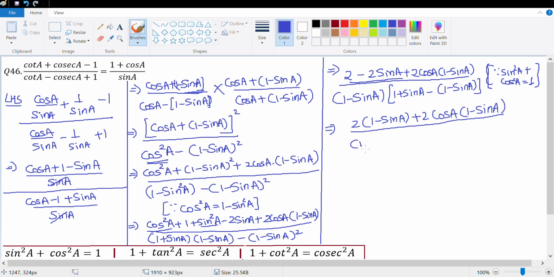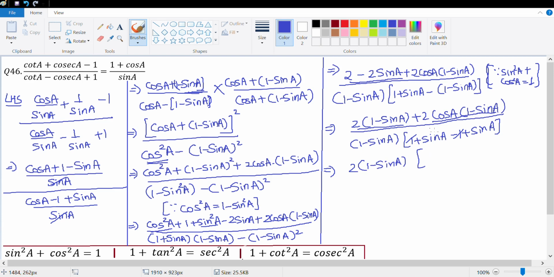So I have 1 minus sine A, and in this bracket I have 1 plus sine A minus 1 plus sine A. Yes, I open the bracket, so minus 1 and plus 1 gets cancelled. Let's see, in this term and this term, do I have anything common? Yes, I have 2 times 1 minus sine A common between both these terms.